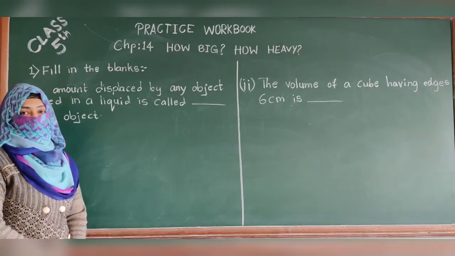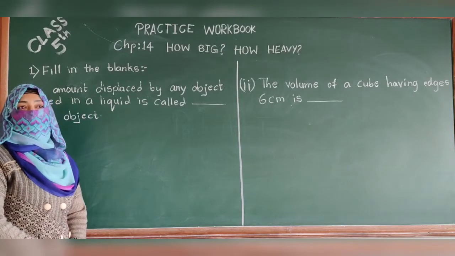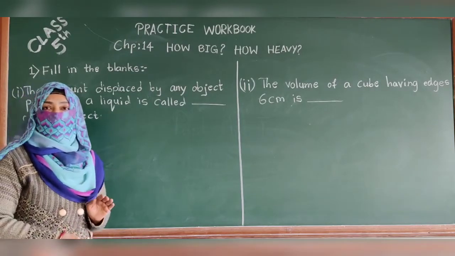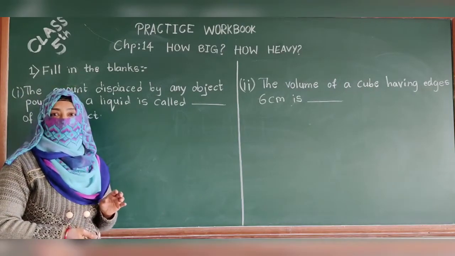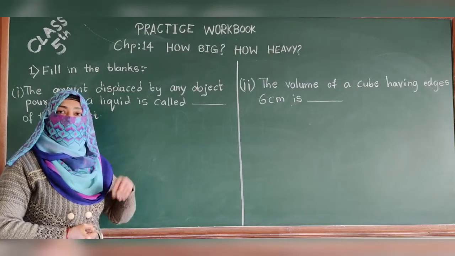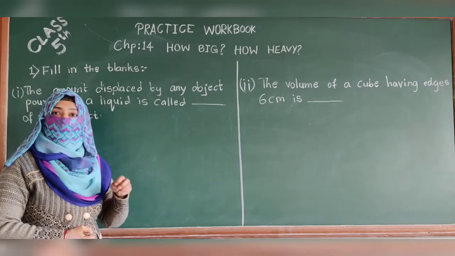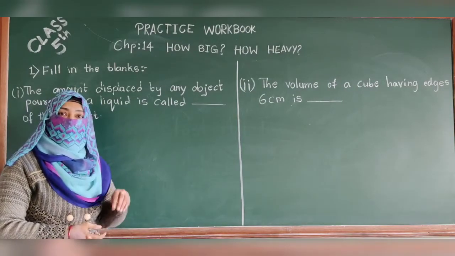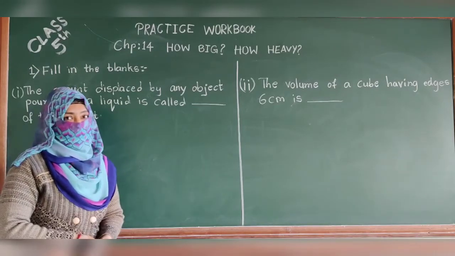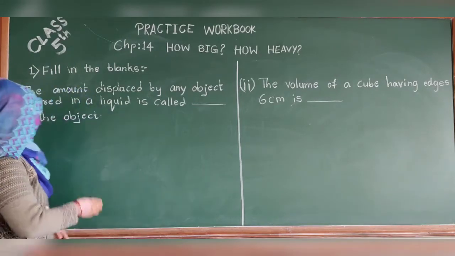The first question depends on the demonstration I had given you regarding a container of liquid, that is water, in which I had put some objects. After putting the object in the container, the water level rises. I am going to show you like this.